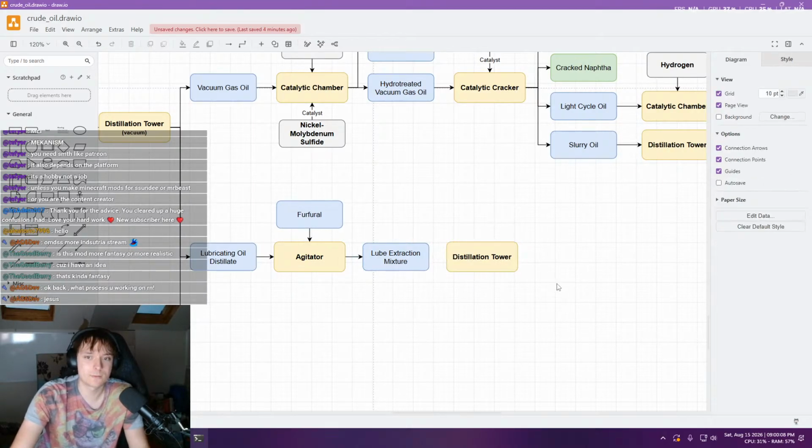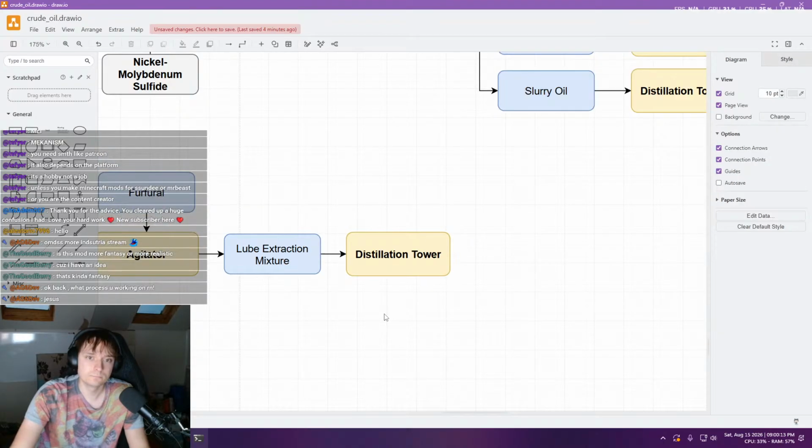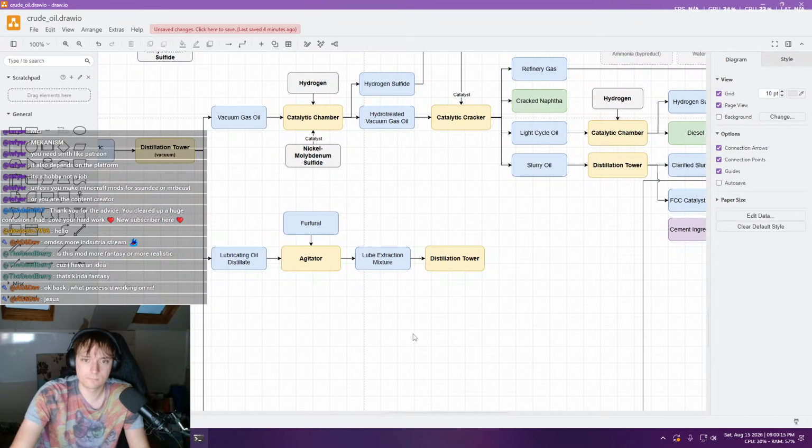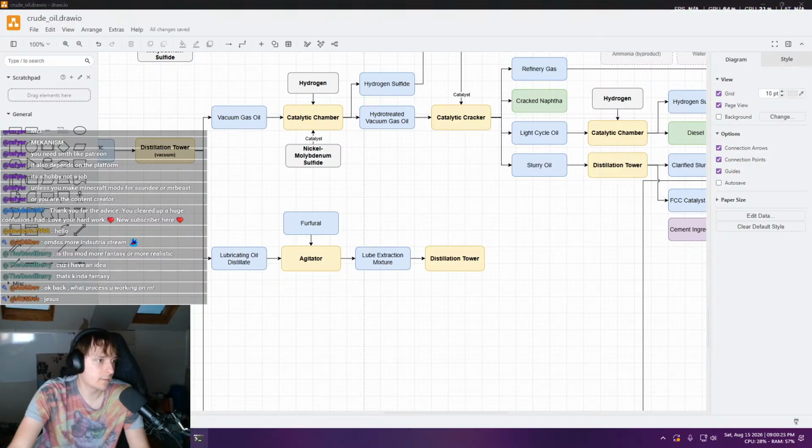Paraffin wax, that's right. Okay. So that in there gets us things that I've never heard of before.